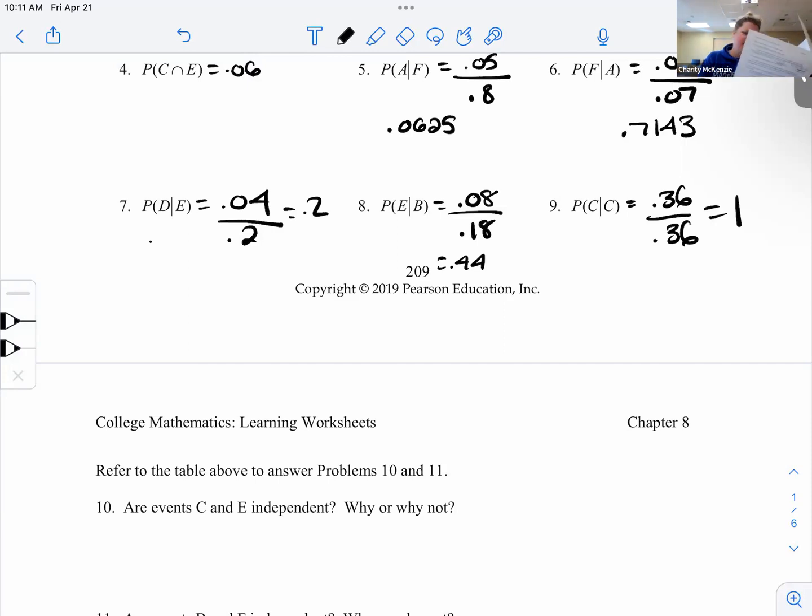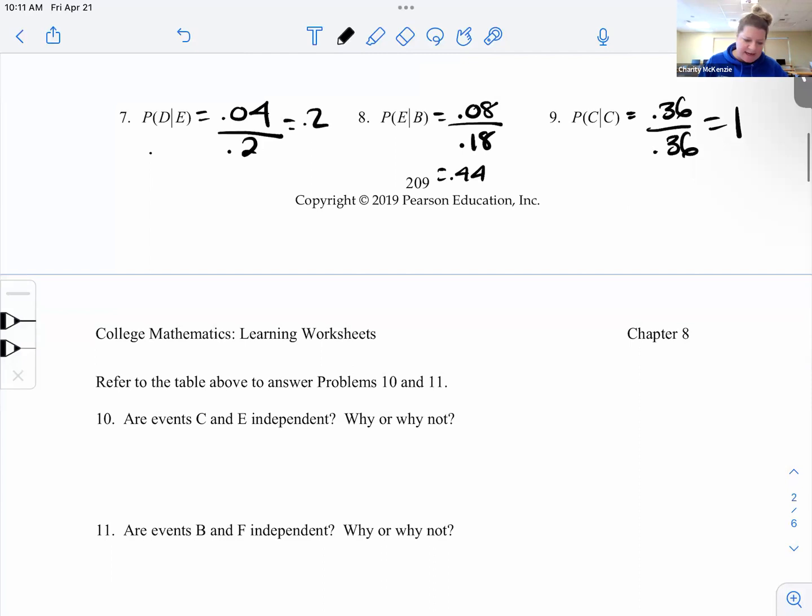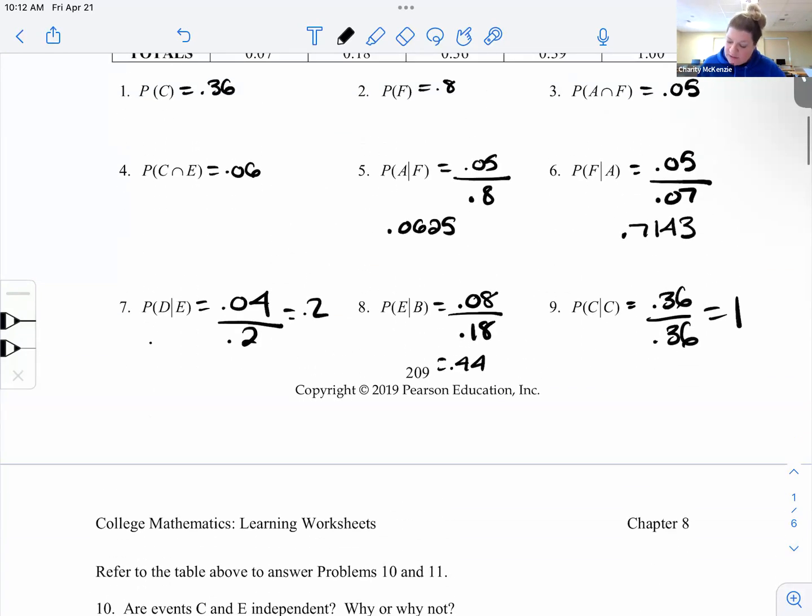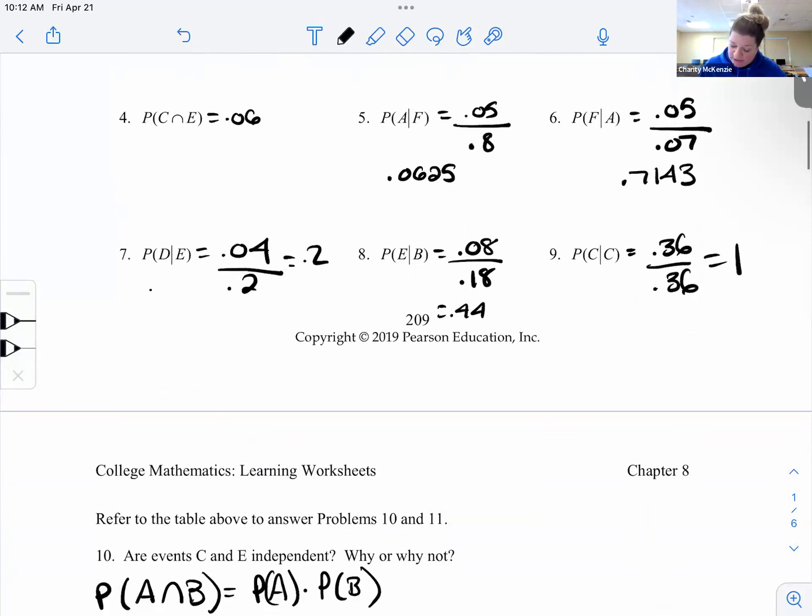So the rule says, let's write it out: P of A intersect B has to equal P of A times P of B. So where's the intersection of C and E? The intersection of C and E is 0.06.